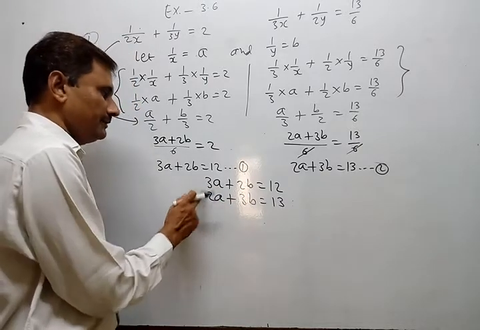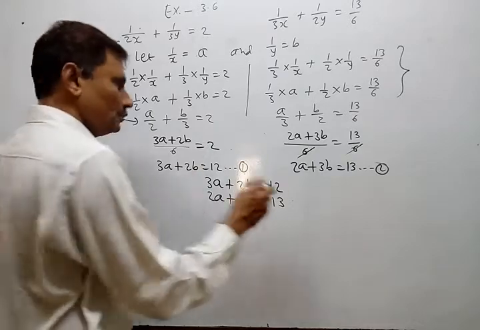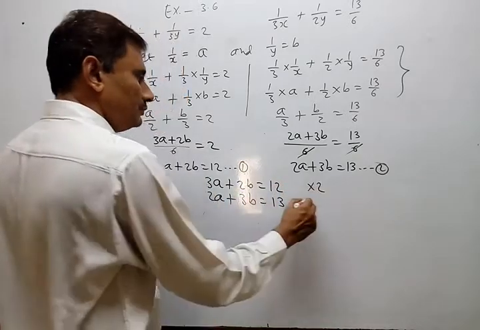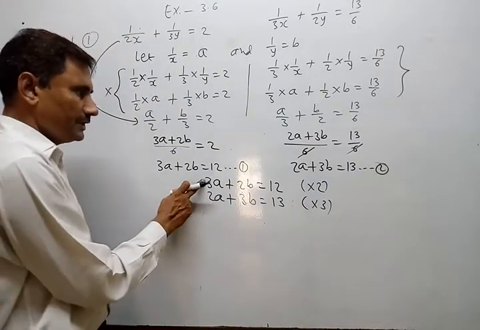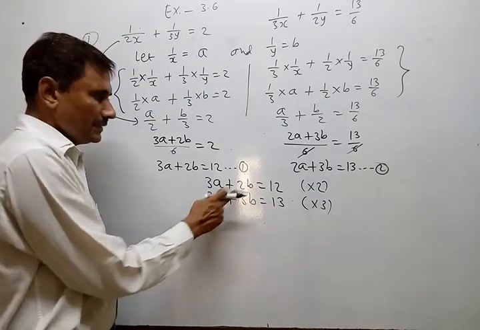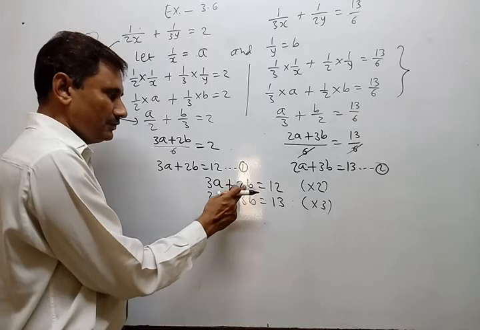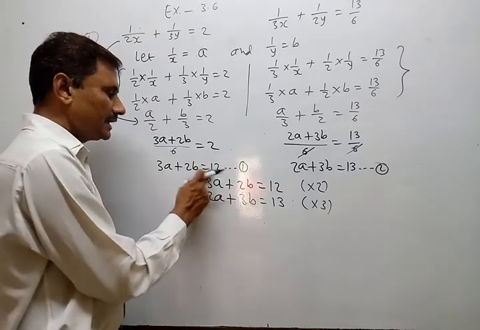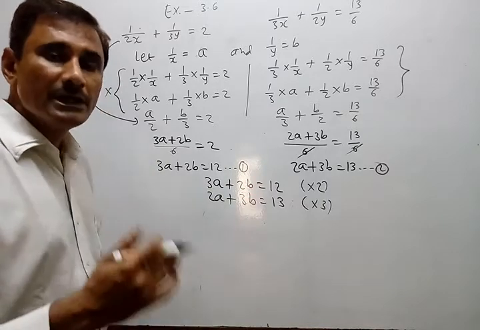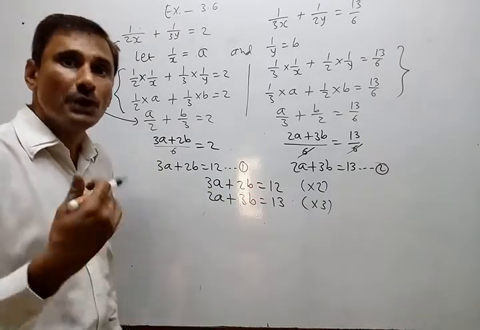Suppose I want to eliminate a. So, can I multiply the first one by 2 and the second one by 3? I want here 6 and here also 6. If you want to eliminate b, then you have to multiply the first by 3 and the second by 2. But anyway, you just select any one variable which you want to eliminate.